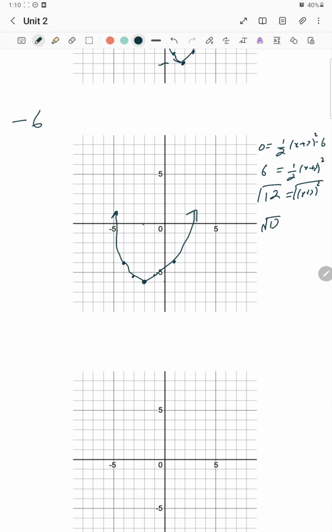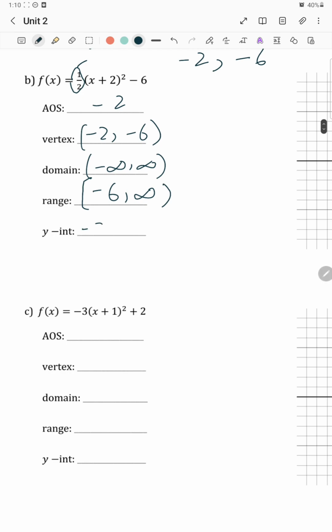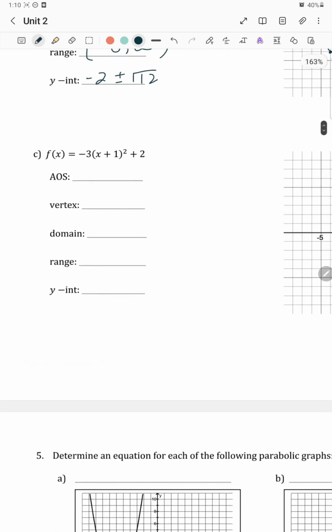Square root of 12 minus 2, so x is equal to minus 2 plus or minus square root of 12.